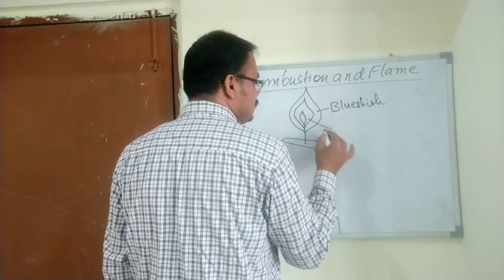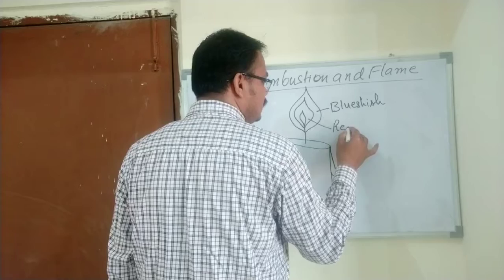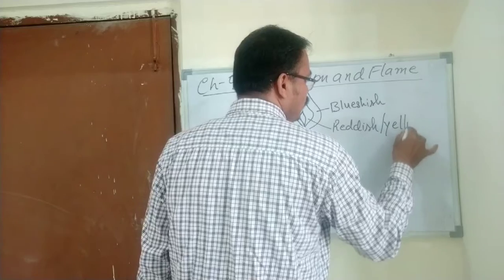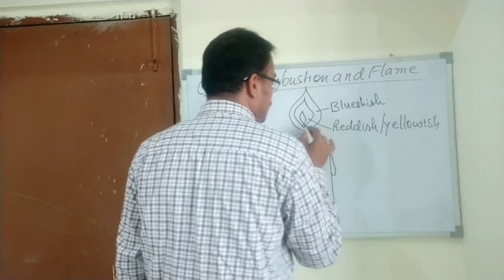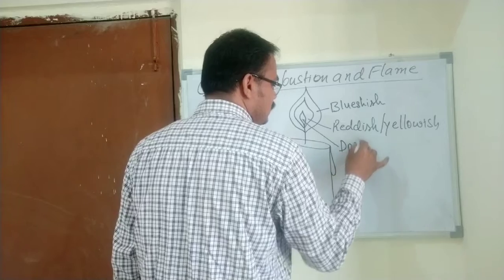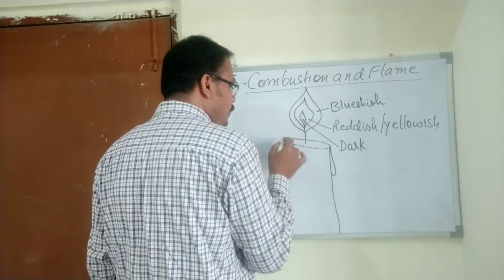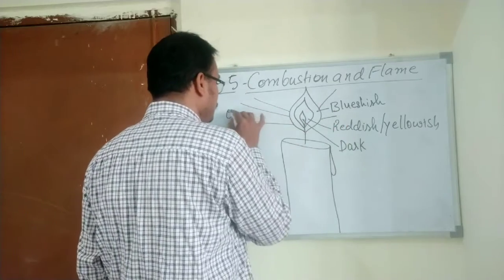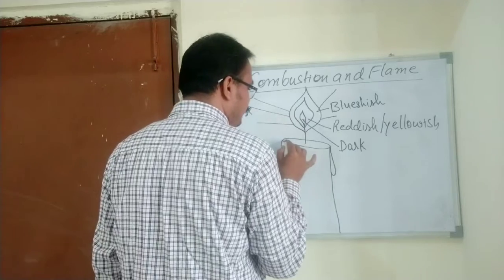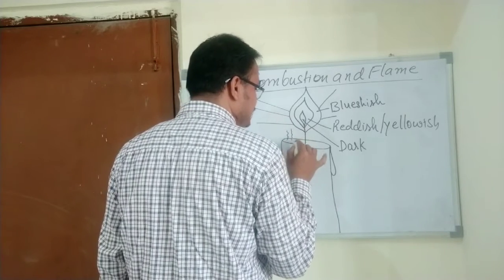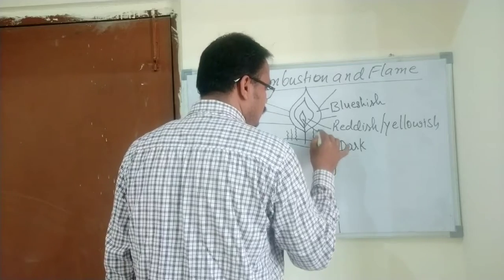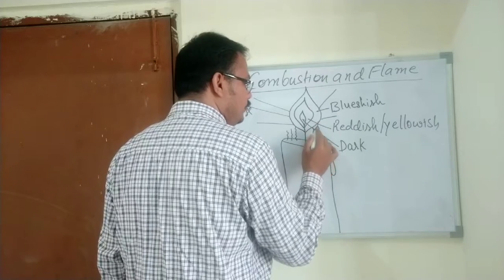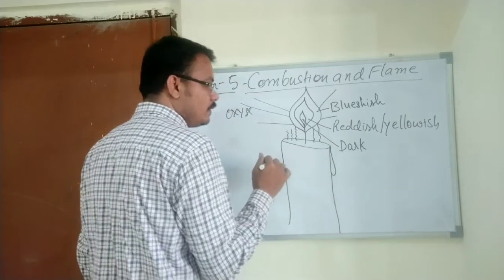The inner surface you will see is a little bit reddish or yellowish in color, and the innermost part is darker in color, because from outside this layer is getting good oxygen supply, and the wax which is melting and rising in the form of vapor, when it comes in contact with the oxygen, this vapor of the wax is the fuel which is burning.